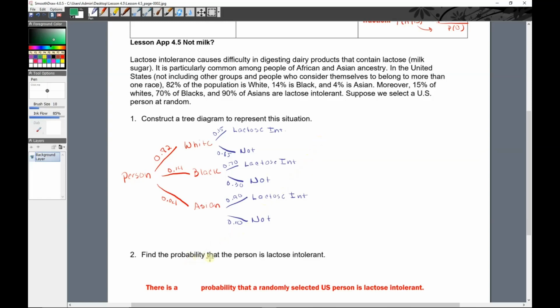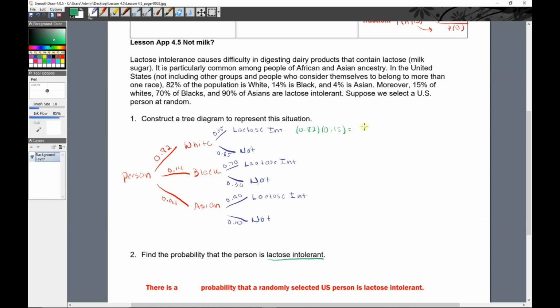It says find the probability that a person is lactose intolerant. So I'm not going to worry about the nots. I'm only going to deal with people that are lactose intolerant. Going through this branch right here, to be white and lactose intolerant will be just 0.82 times 0.15.